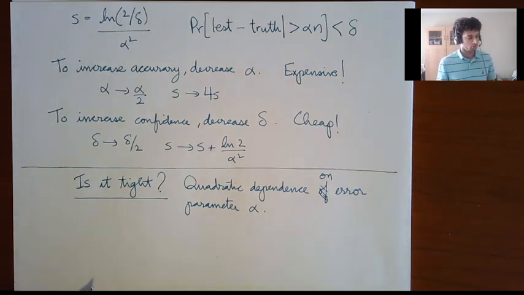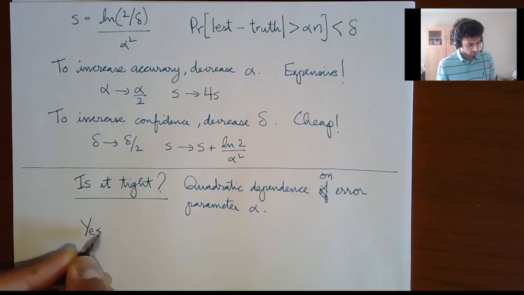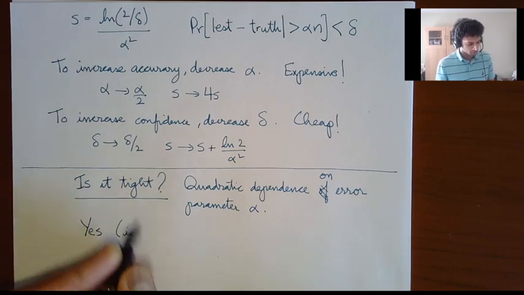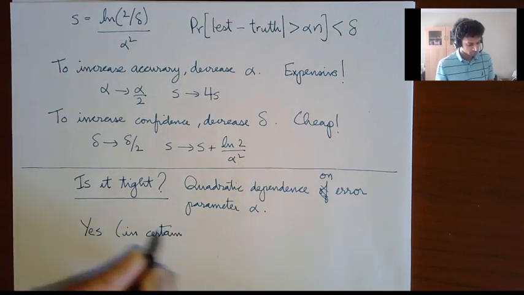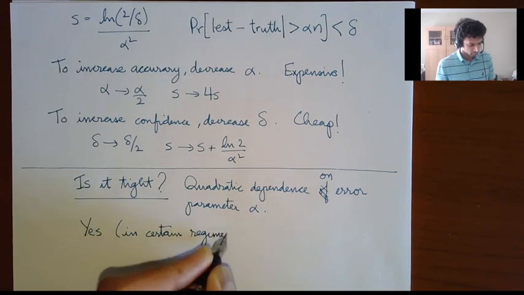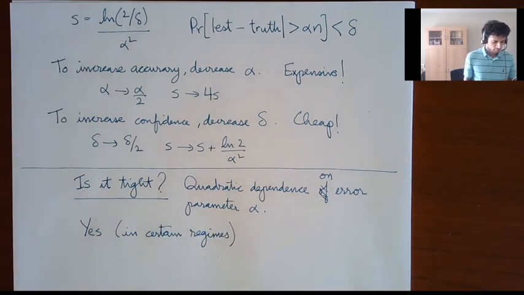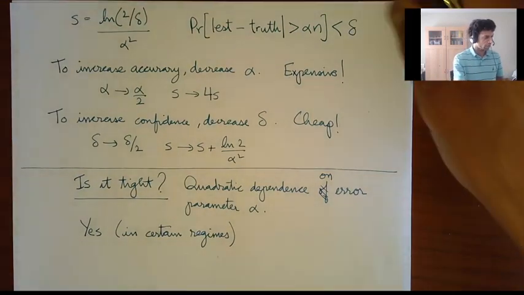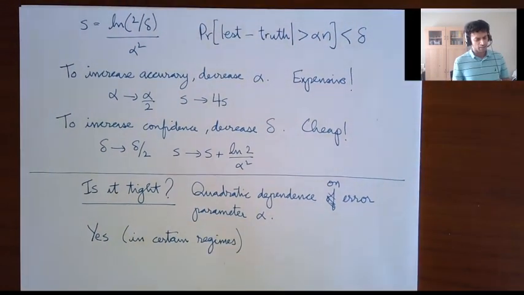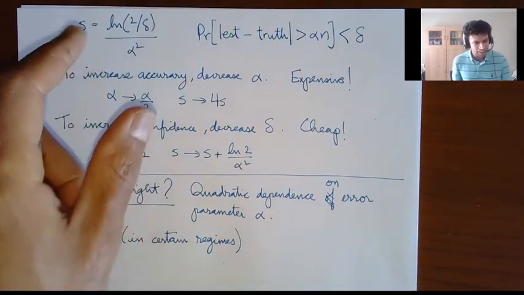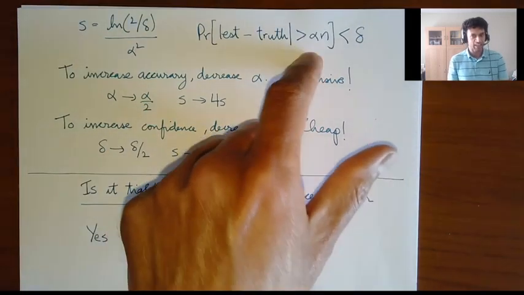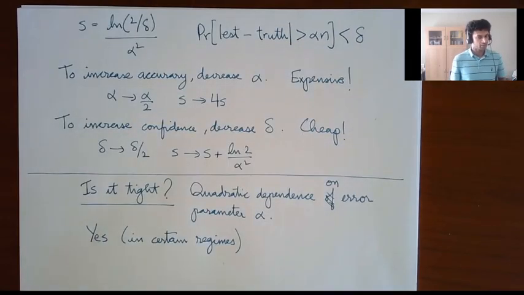In the worst case, you do. I'll qualify this by saying in certain regimes. Can anyone hazard a guess? I'll actually show how you can prove that. How would you argue that you need this many samples to get an additive estimate of alpha n?